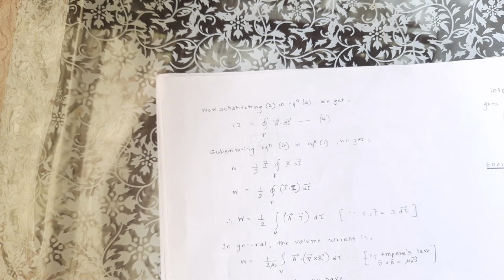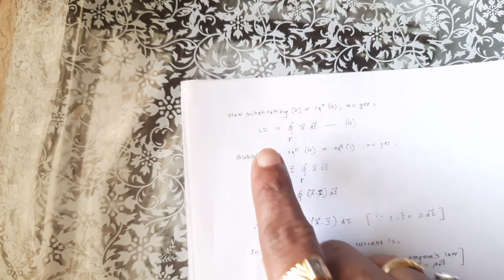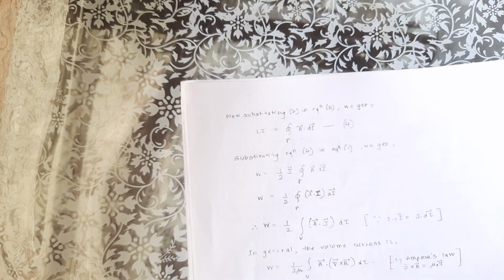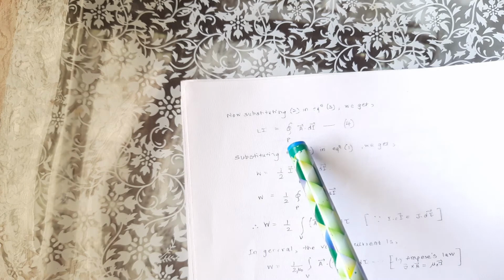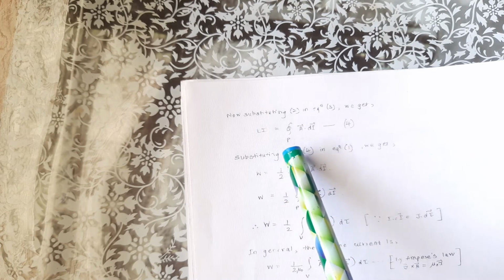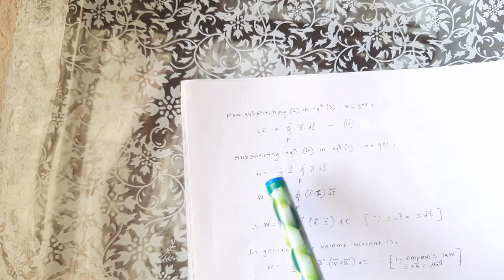Now substituting equation 2 in equation 3, we get L I = closed integral over the perimeter P of A dot dl.